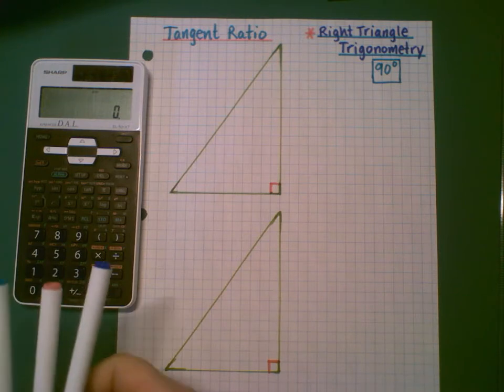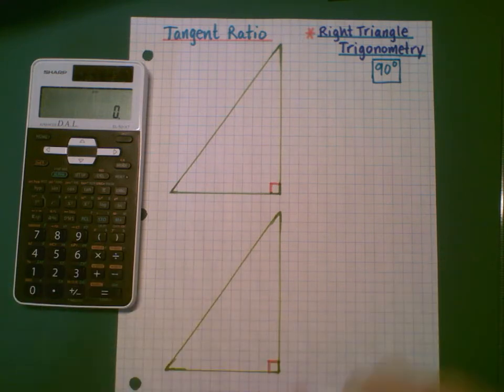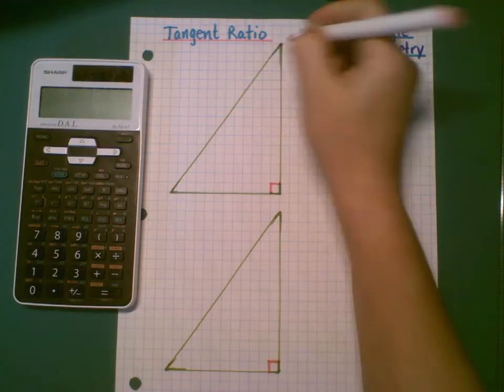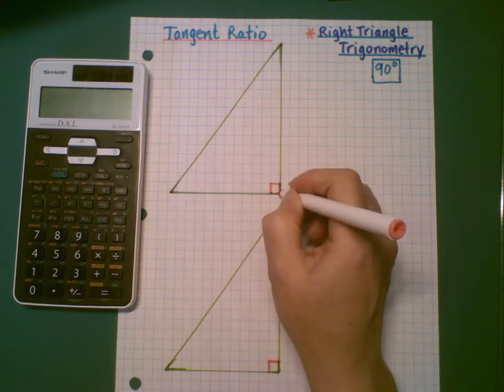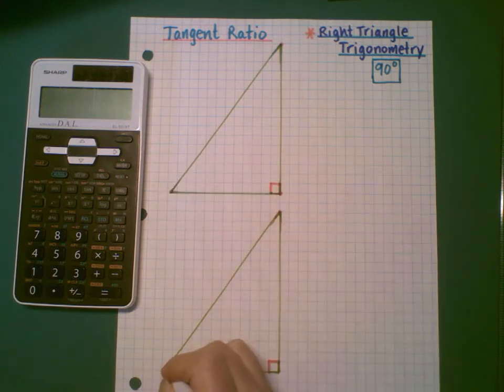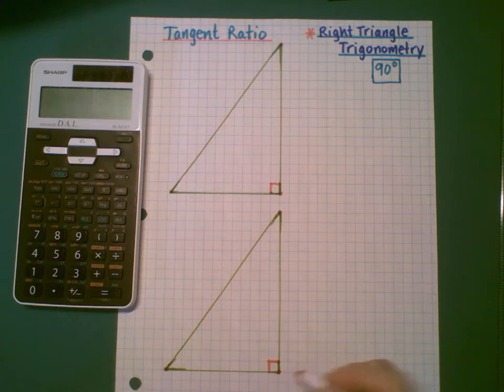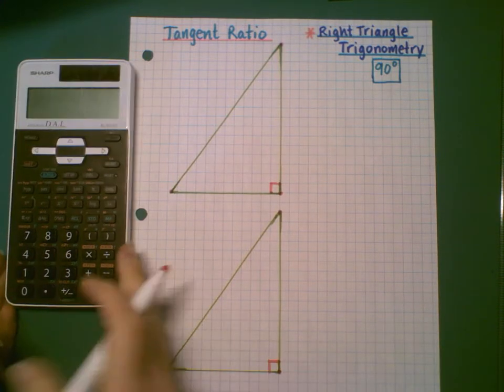So I'm going to start by labeling some of the vertices and the sides. The singular of vertices is vertex.